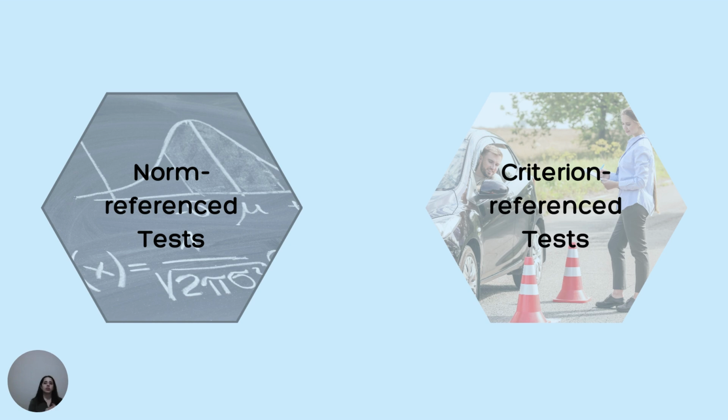But just imagine the observer says, okay, you are a really good driver, you obey all the rules, but I'm sorry, because you are not the best driver in the world, I cannot give the license to you. That doesn't happen in a criterion-referenced test. If you really can drive, then you get your license. A criterion-referenced test, as I said, is based on your performance only. You don't need anyone else there.